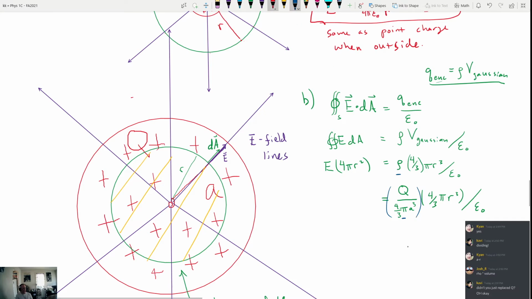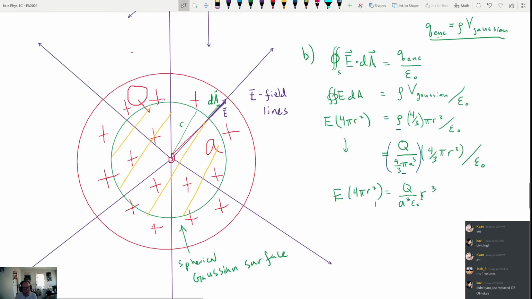Now what we can do is we can do some simplifications. The 4/3 cancel out, the pi's cancel out, and what we have is Q over a cubed epsilon naught times r cubed. And on the left-hand side, this just carries down. We have e times 4 pi r squared, which we then, in order to solve for e, need to move to the left-hand side.